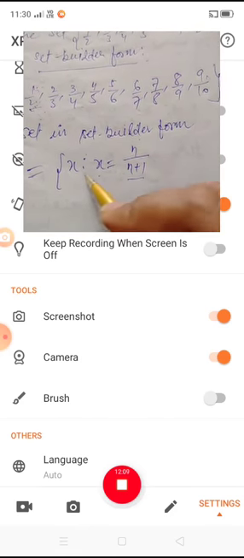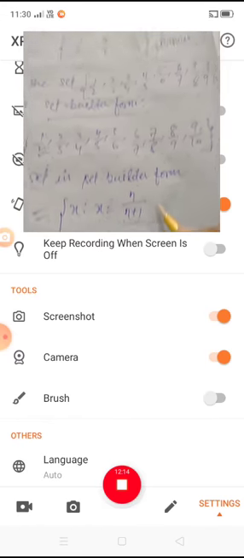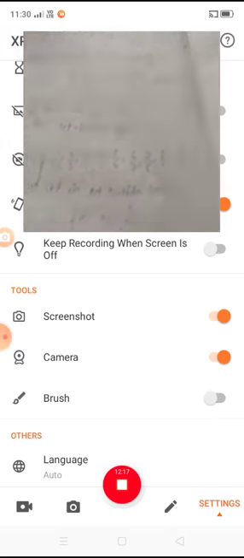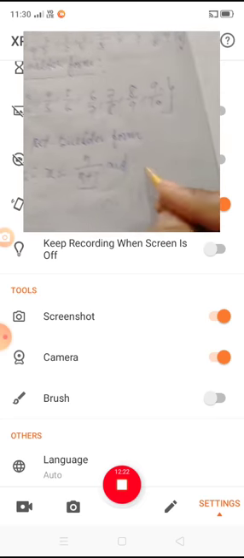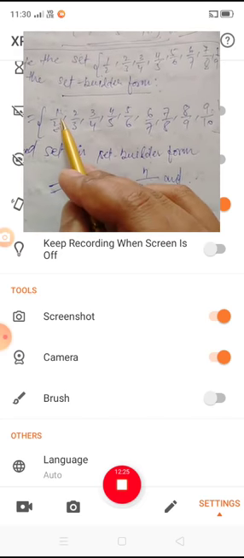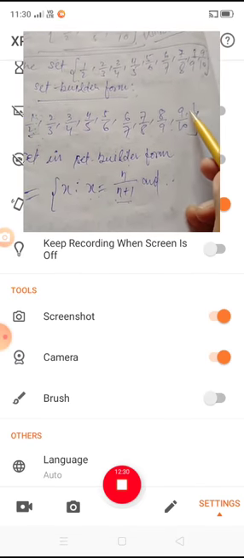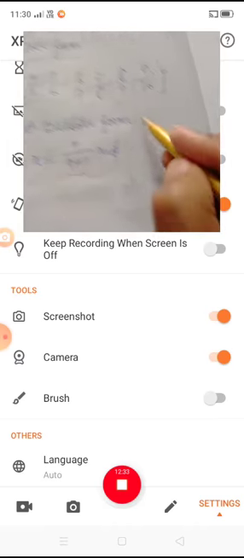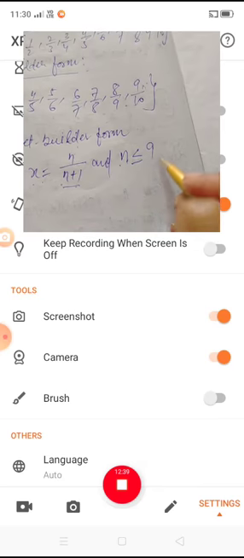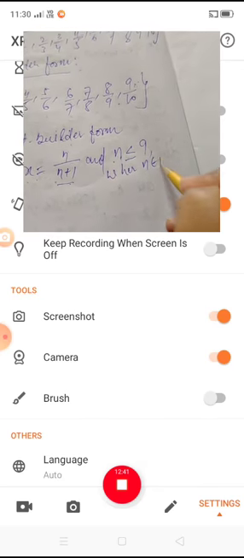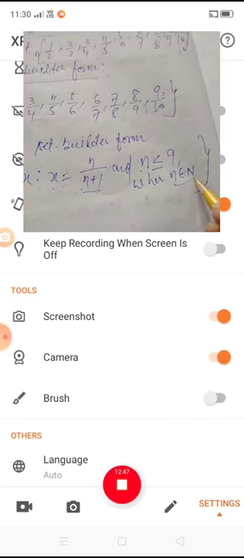And the variation of n begins from 1 and does not exceed 9, so n less than or equal to 9 where n belongs to natural numbers, because all natural numbers start from 1.